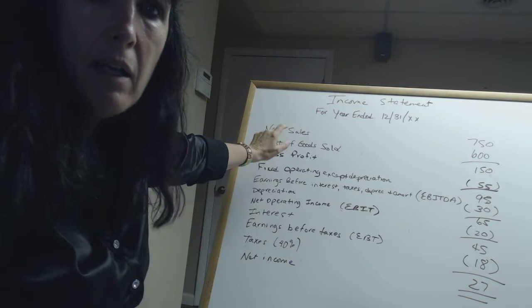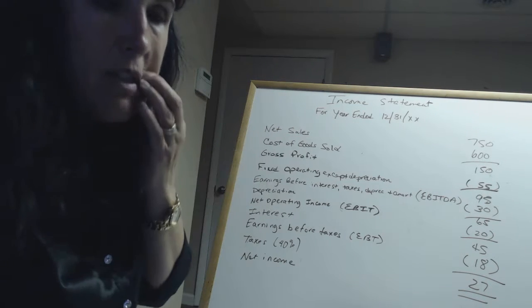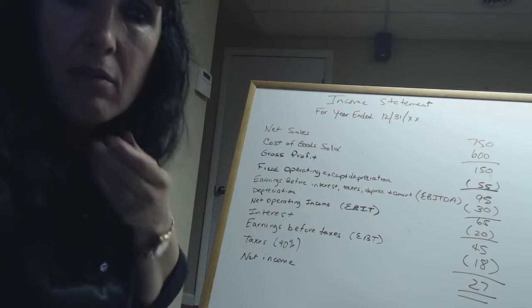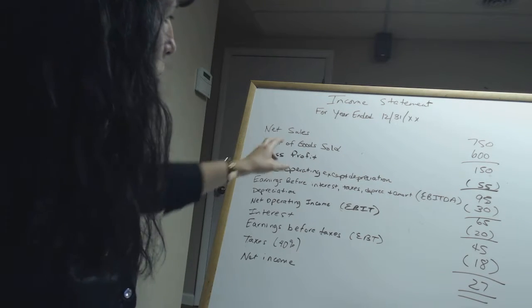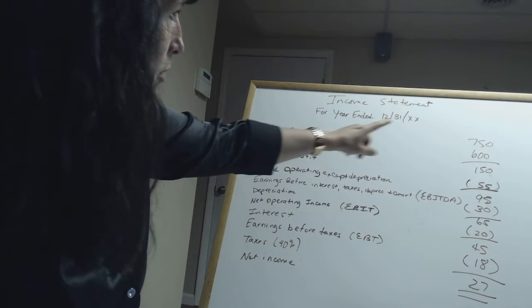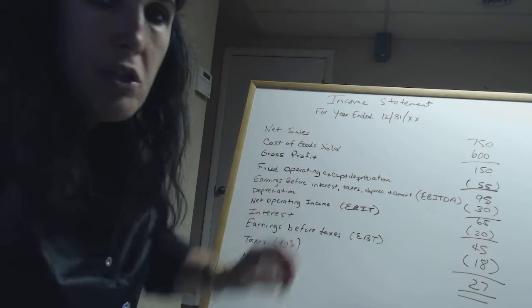First item is revenue, net sales, and that's going to be net of discounts or allowances. So net sales, 750. And then the cost of goods sold.